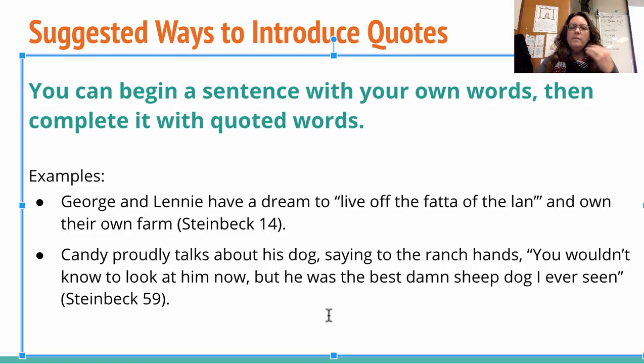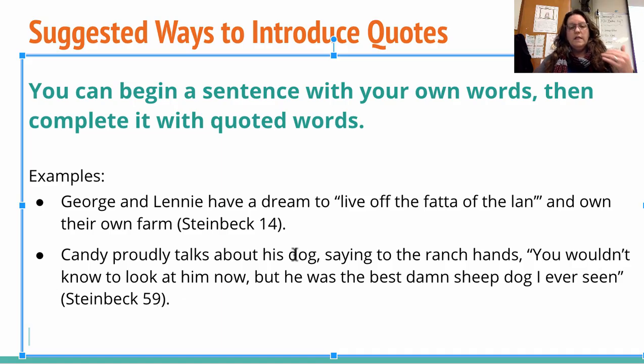Our last one is probably one you're more familiar with, where you introduce the speaker of the quote. Candy proudly talks about his dog, providing us with who he's talking to, saying to the ranch hands, "You wouldn't know to look at him now, but he was the best damn sheepdog I ever seen." (Steinbeck 59).